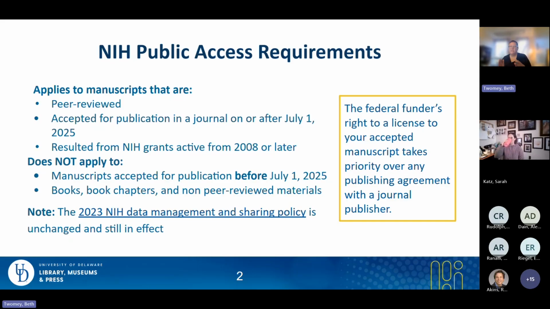And so if you look at that information in the yellow box, this is kind of the crux of the issue and the area where we're getting all these questions. This is a prior agreement to your rights with the publication. So what it means is that you've granted the government a license to make your publication freely available on PubMed and to distribute it on PubMed.